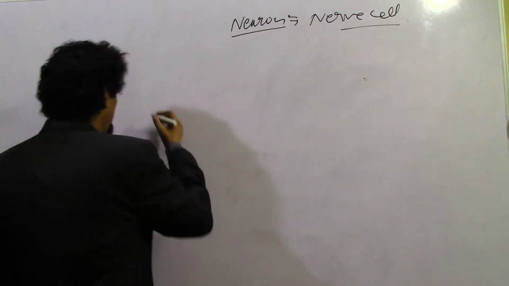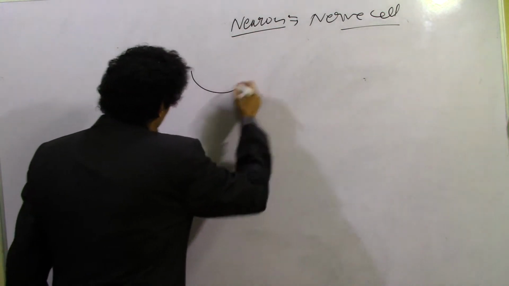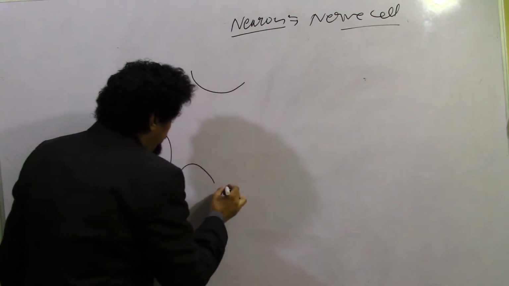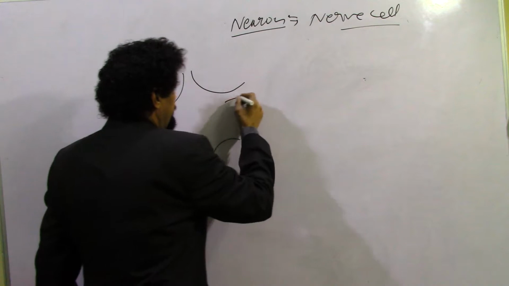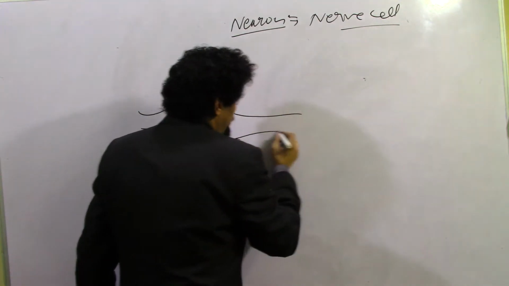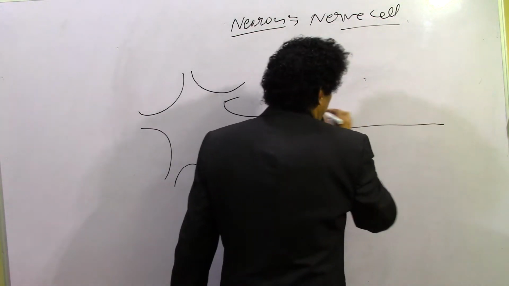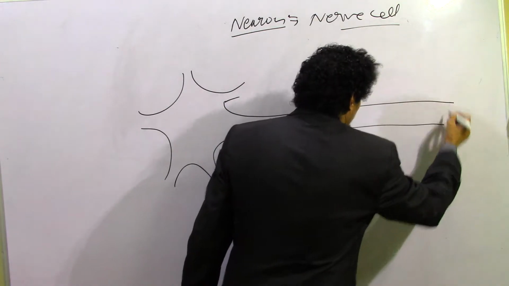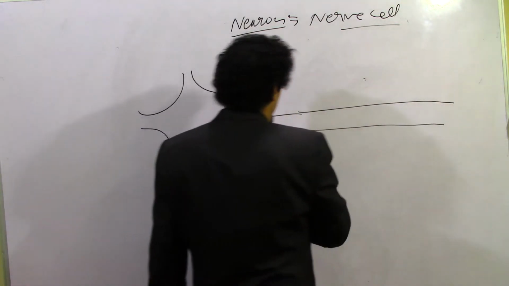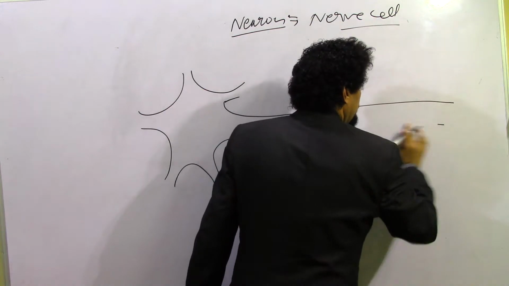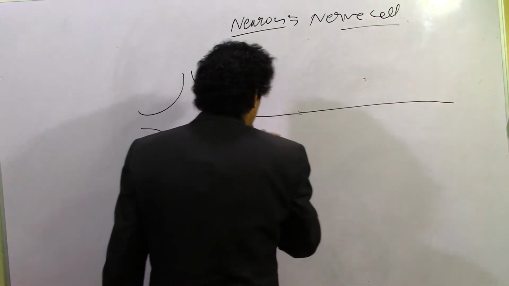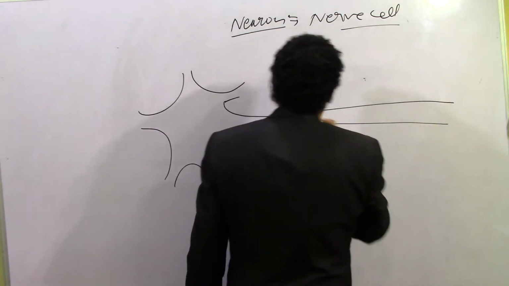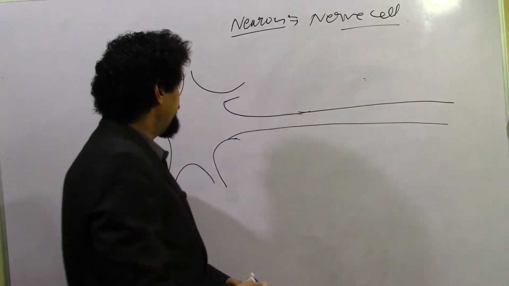A typical neuron, I will draw a typical neuron here. There are different types of neurons, but here I will talk about a typical multipolar Golgi type 1 neuron.